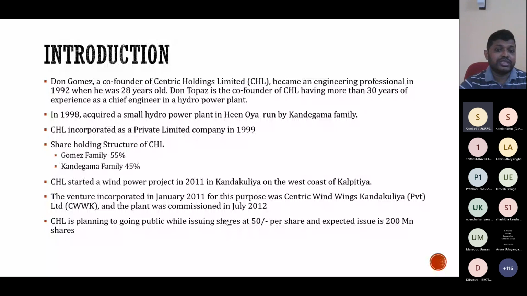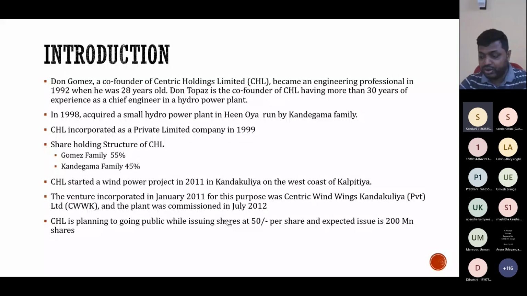The agreement was that they commissioned in 2012 and the investment would be for a 10-year period. Then they have an option. They can ask to withdraw the investment, and then CHL has to purchase it, or the other option, extension, if they request it, but it will be at the discretion of CHL.